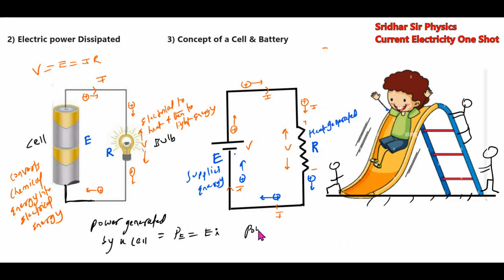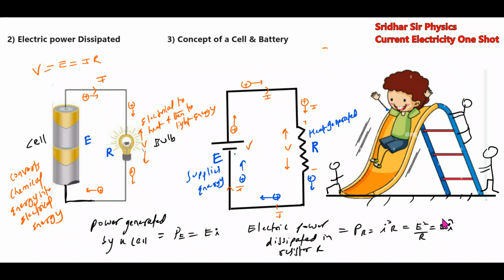Then the electric power dissipated in resistor R should be equal to I square R or E square by R or E into I. And this much electric power is dissipated in the resistor.